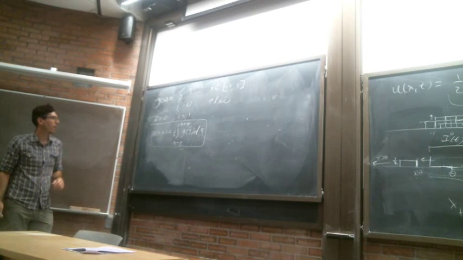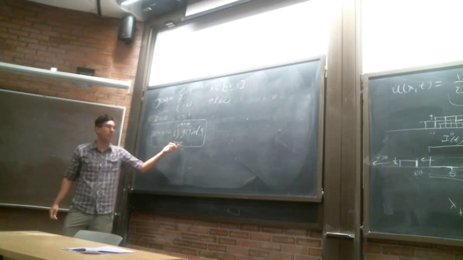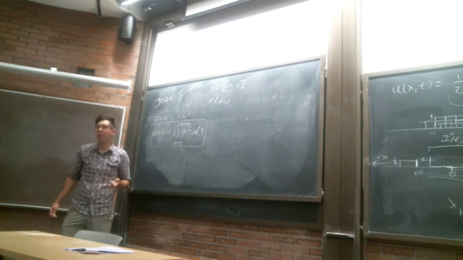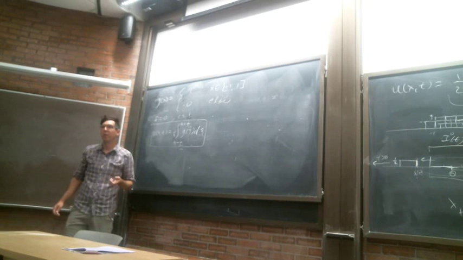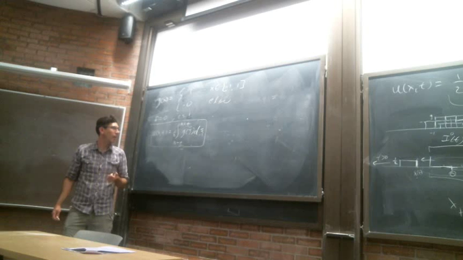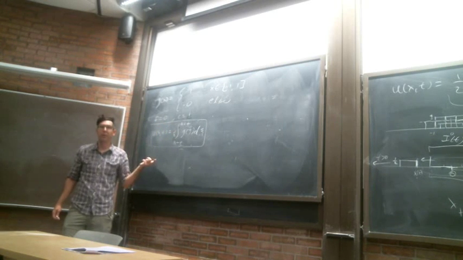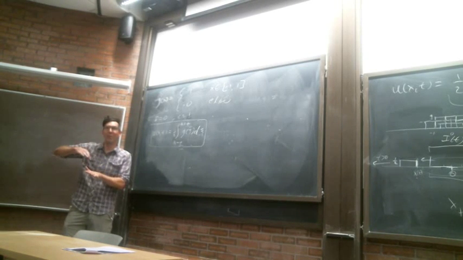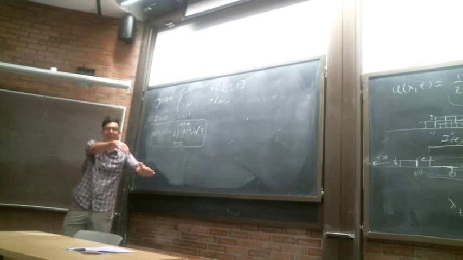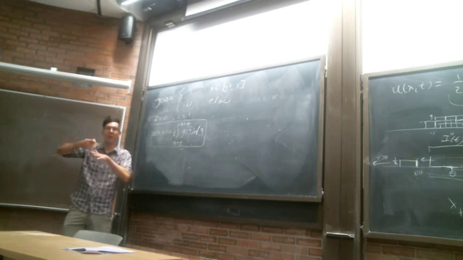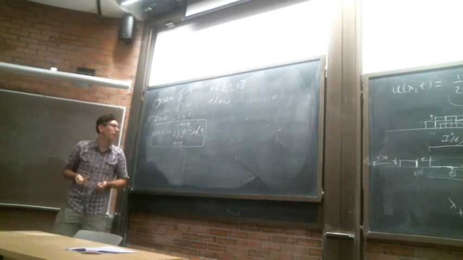A lot of times when you see an x minus ct, that's what they call a moving frame, and so they'll use moving frame coordinates. x minus ct, x plus ct, they call moving frame coordinates. So if you're surfing, you're in a moving frame. The wave is stationary with you. You're traveling with the wave, so you're looking at the shape of the wave, even though it's moving, but it looks stationary from your perspective.